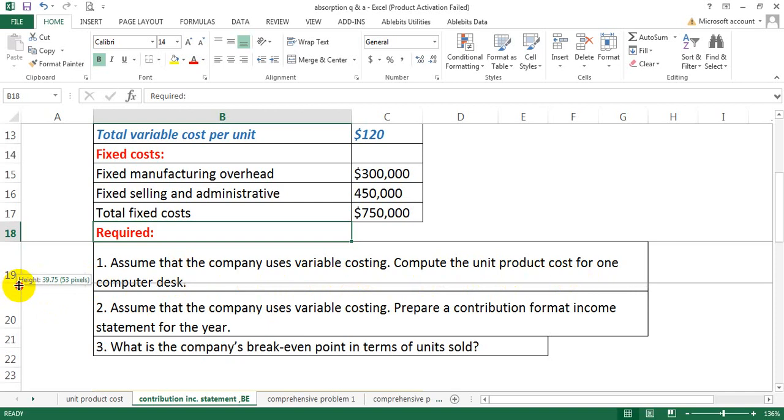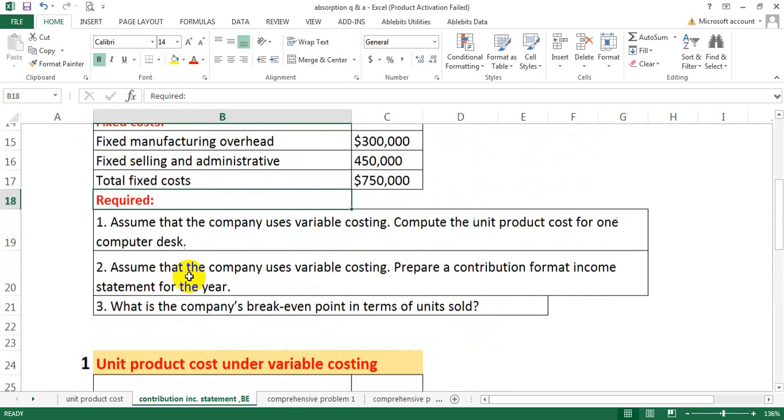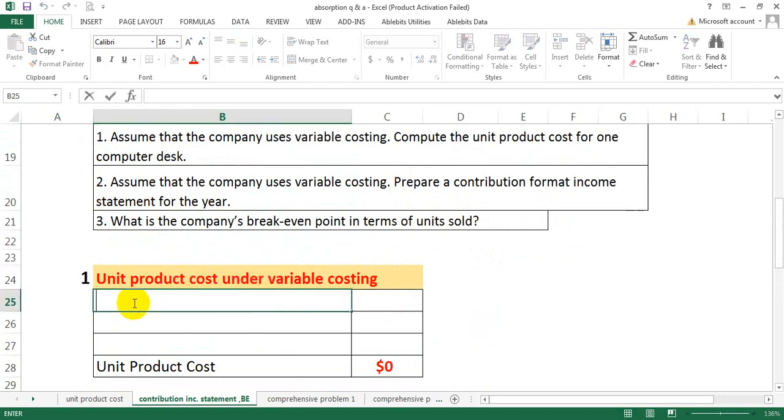So what is the requirement of 1? We need to calculate the unit product cost, and then the second and third requirements. First we will calculate requirement number 1, unit product cost under the variable costing method. Under variable costing, we know that direct material, direct labor, and what else?